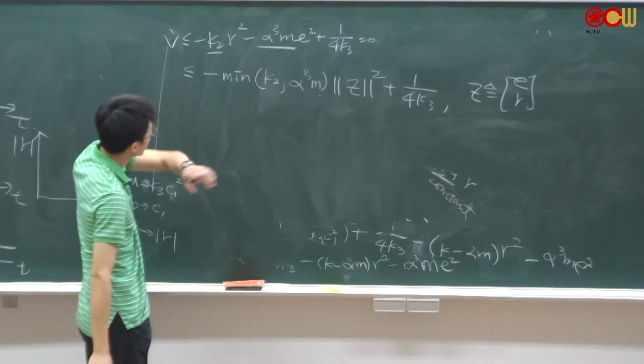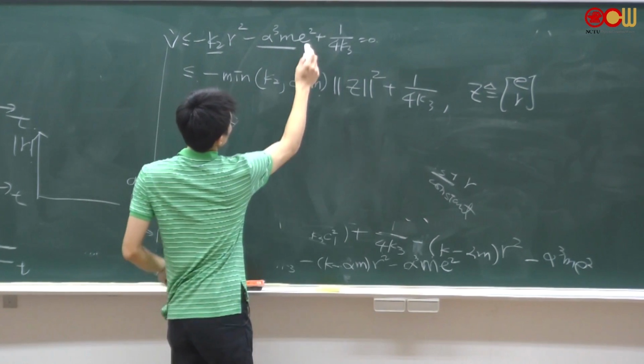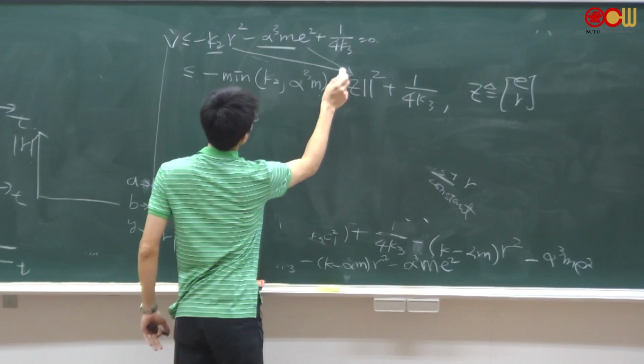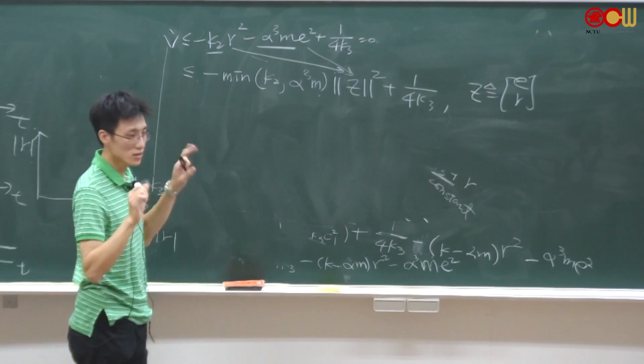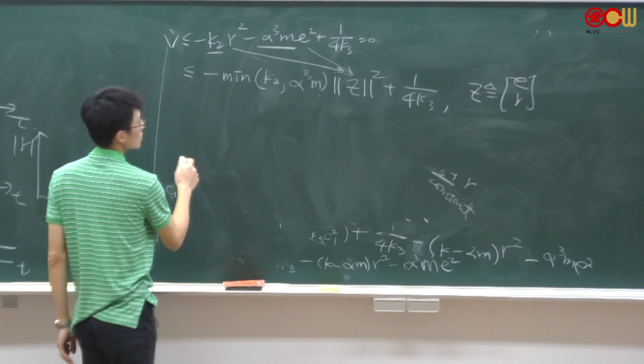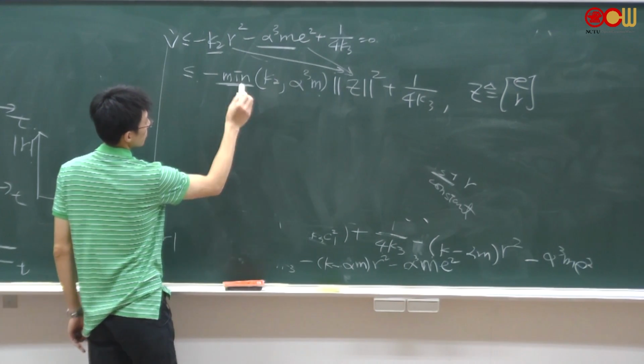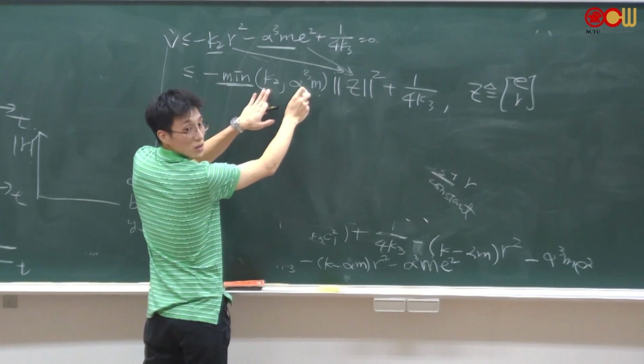Okay. Let's combine E and R into one parameter. That's easier to find the upper bound of both signals. Okay, do you understand? And you have put minima here, minima of these two values.